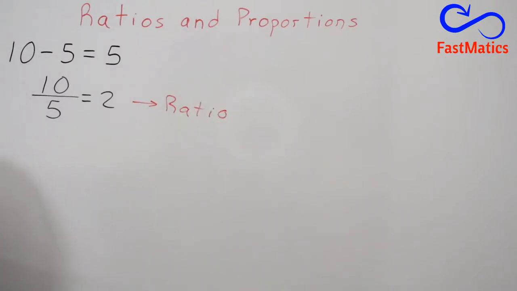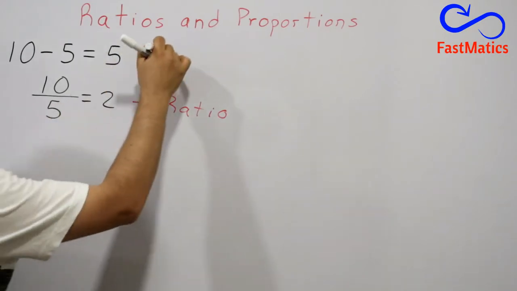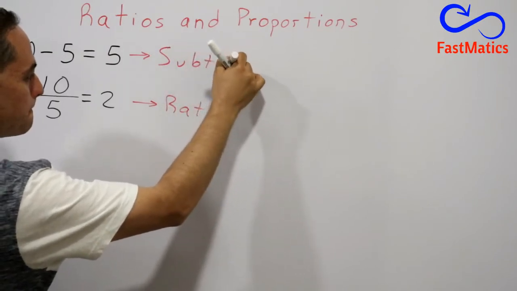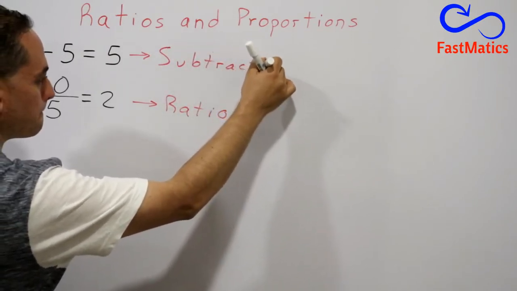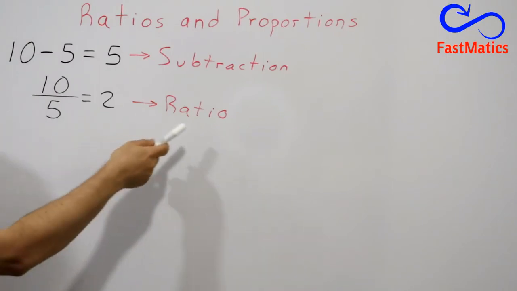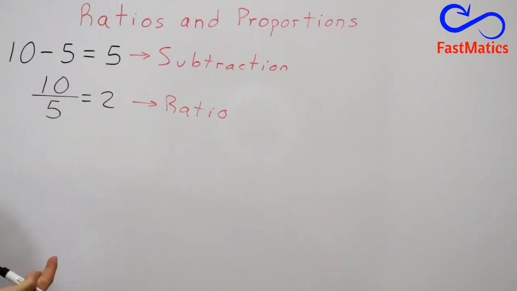Conclusion: we can compare two quantities by subtraction or by a division that is called ratio. A ratio is a fraction, is a division.